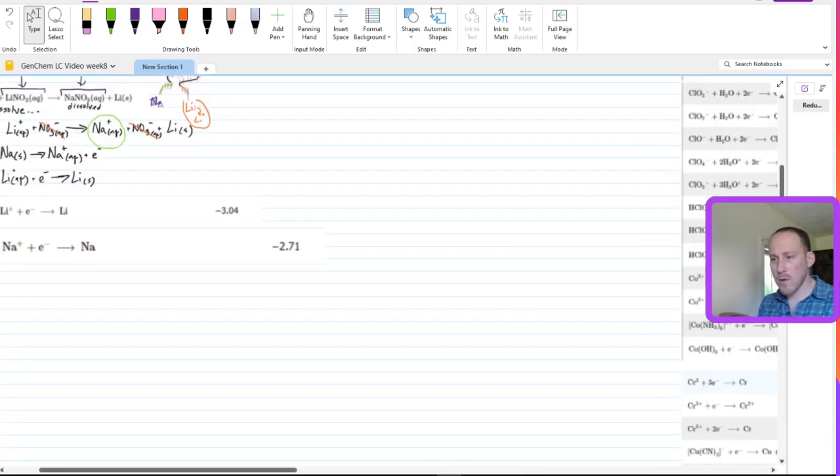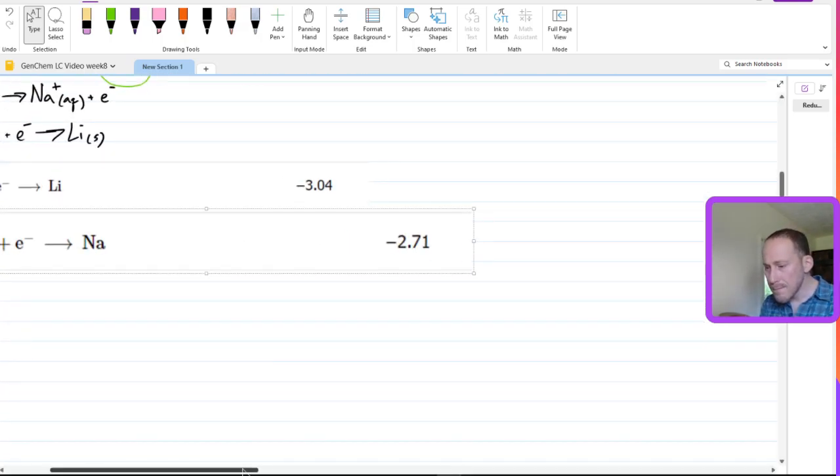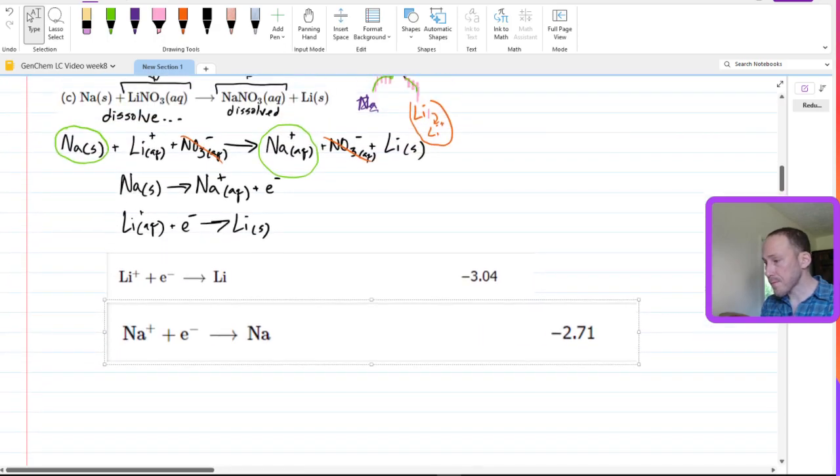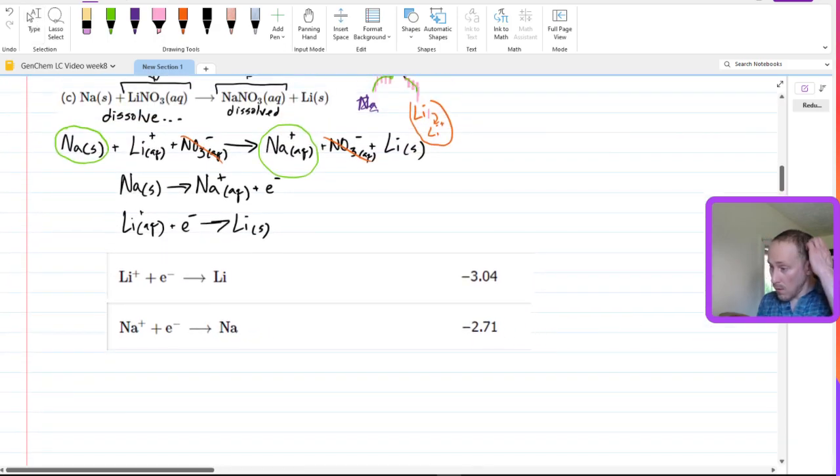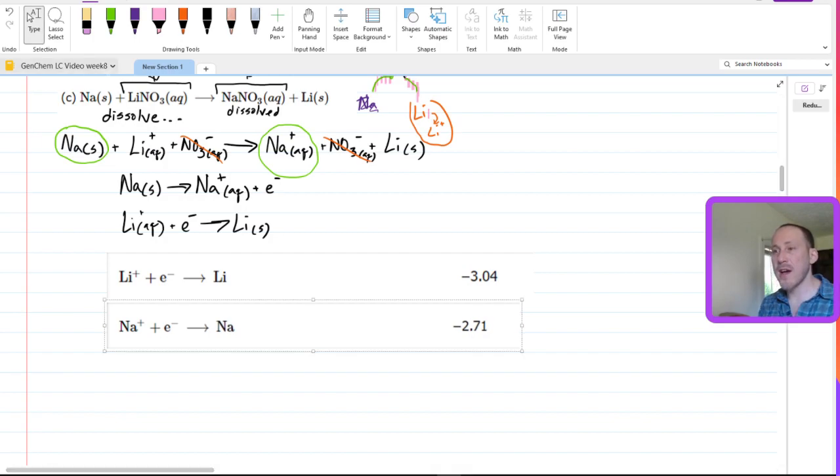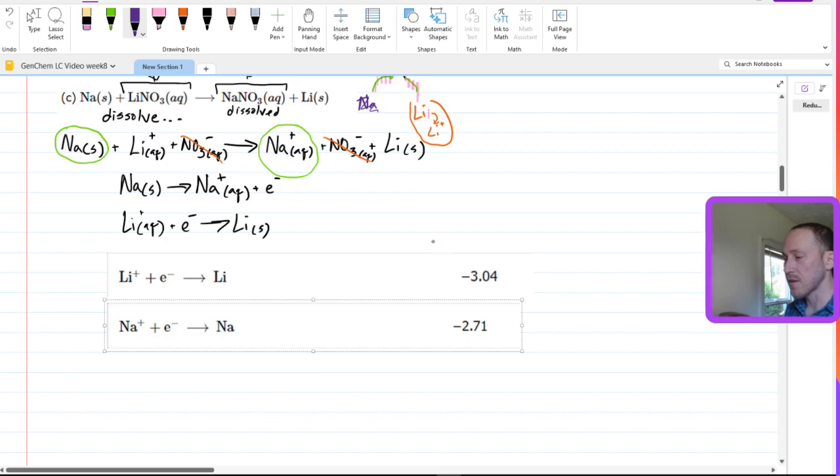Okay, so once again, what we are seeing in this reaction is that lithium, so I don't think this one's going to work because E cell here, standard E cell. Standard, of course, 1 atmosphere pressure, 298.15 kelvin, stuff like that.